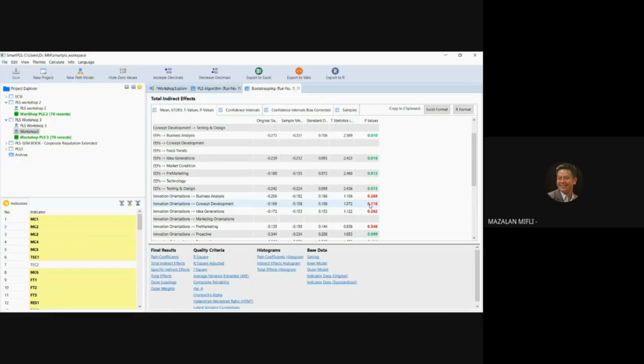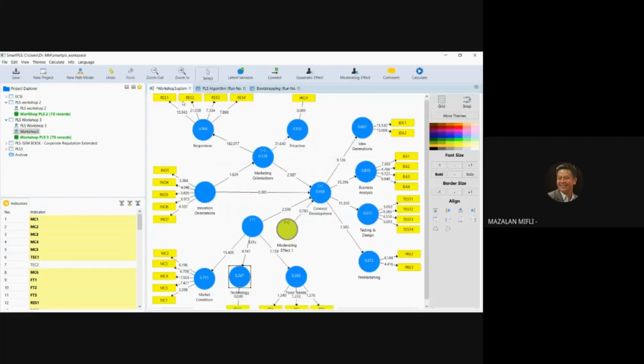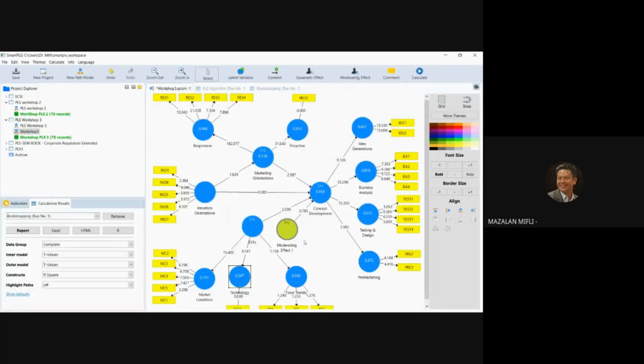Earlier, when we ran the individual mediation analysis, it was significant, but when we run simultaneously, it's not significant. So overall, it is not what it seems to be. That's the way it is.